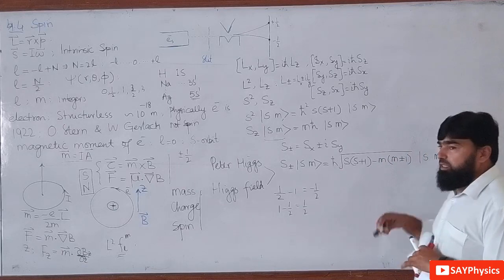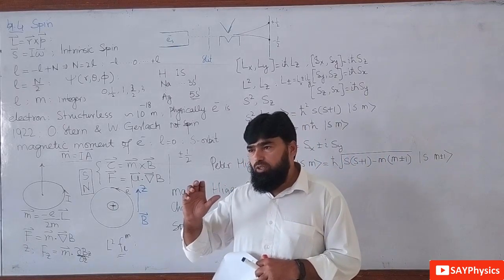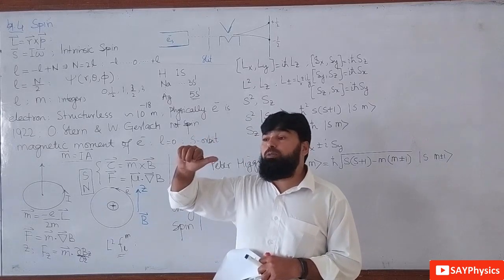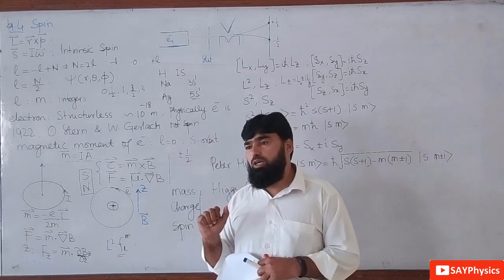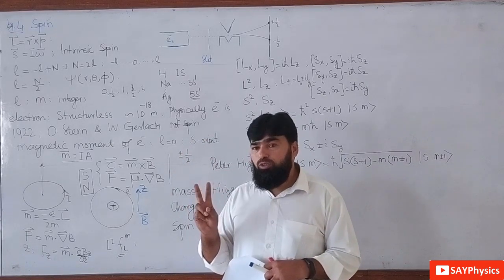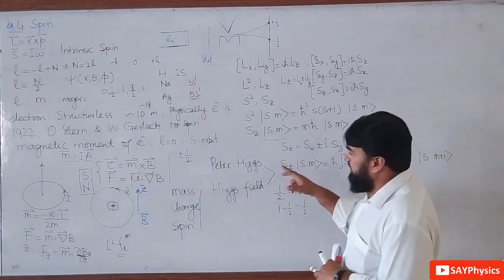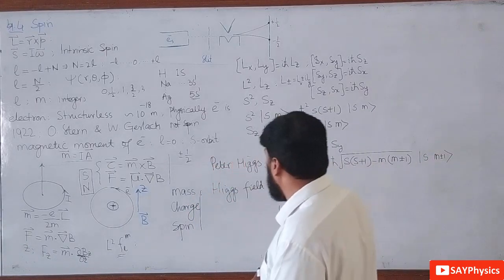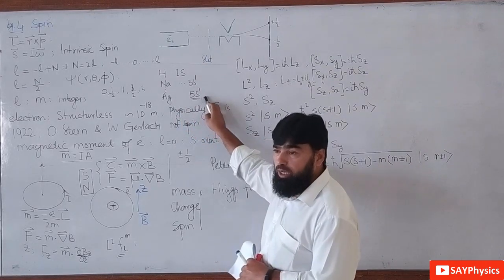So it means when electron is, we don't know which of the electron is plus half and which of the electron is minus half. We don't know this fact. But we know that there are two electrons in the S orbit here where I wrote the silver, 5s1.